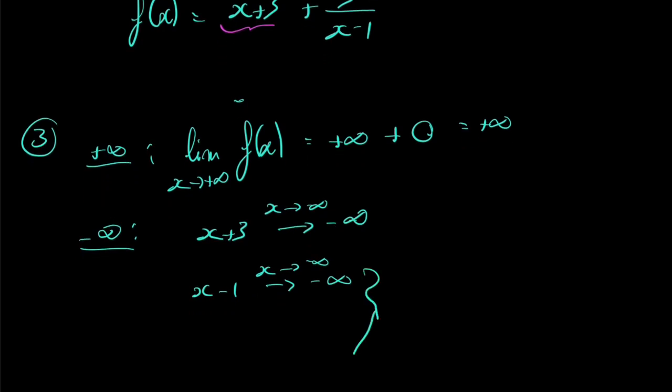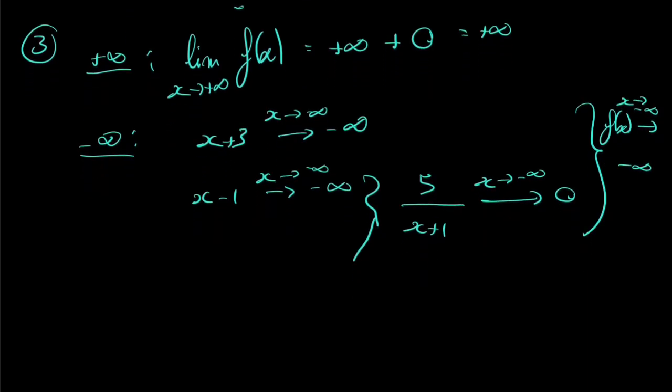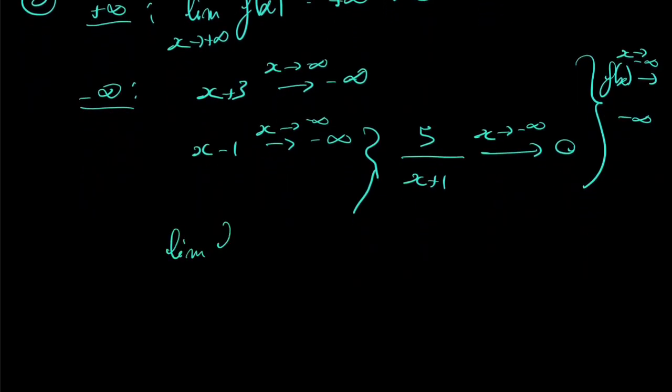And so 5 over x minus 1 will tend, when x tends to minus infinity, to 0. And adding both, we will have f of x that tends, when x tends to minus infinity, to minus infinity plus 0, that is minus infinity. In conclusion, the limit of f of x when x tends to minus infinity is equal to minus infinity.